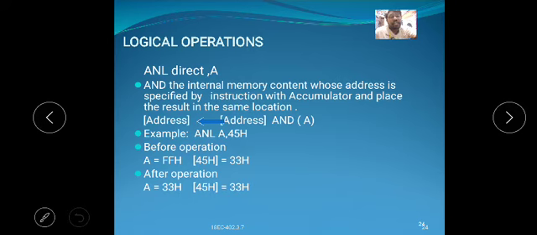After operation, that means execution of FF with 33, we will get 33H.